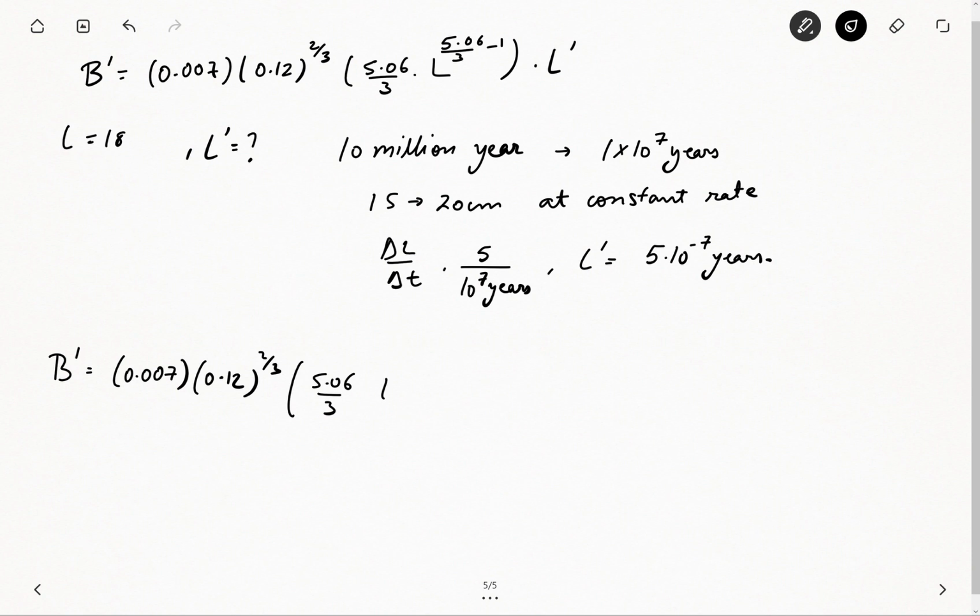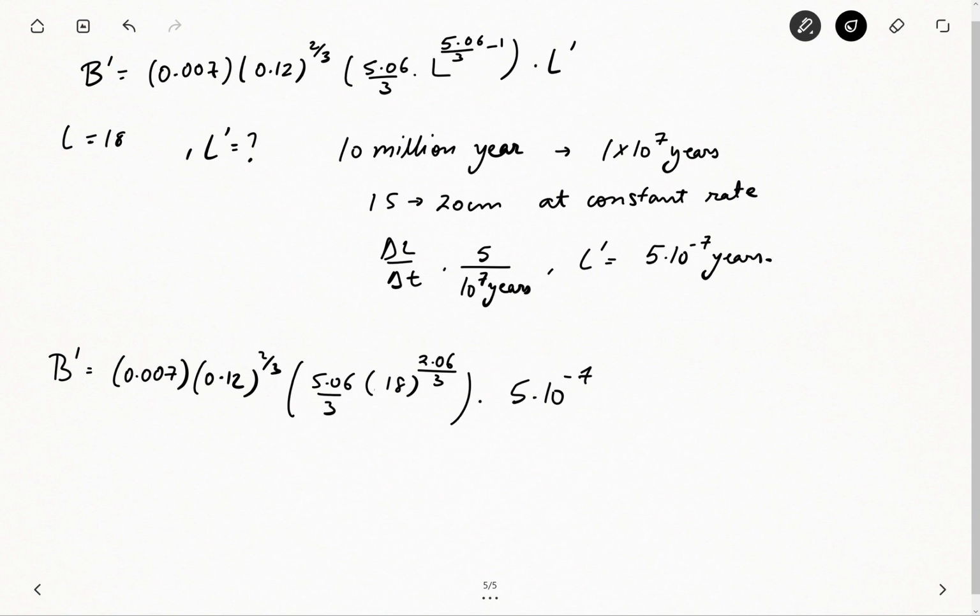So you'll be left with L to the power 2.06 over 3. Let's plug in the value. L was 18, so 18 to the power of 2.06 over 3, times the L prime, which is 5 times 10 to the negative 7.